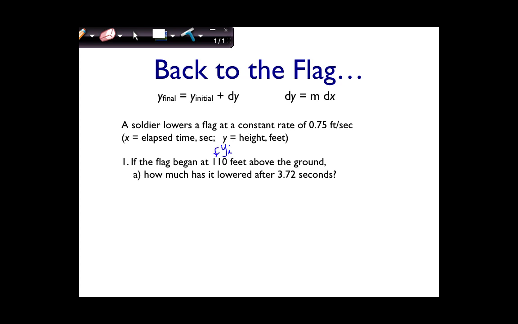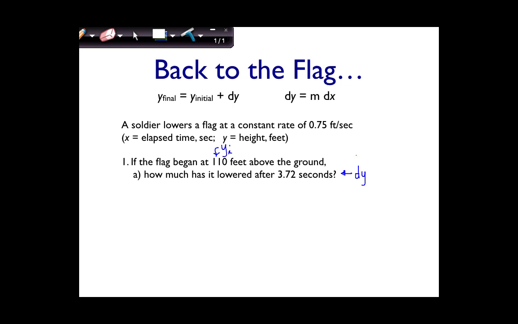How much has the flag lowered after 3.72 seconds? What is this question asking for? A value of dy. Now, dy could be figured out by y final minus y initial, but that's not what we've got here.